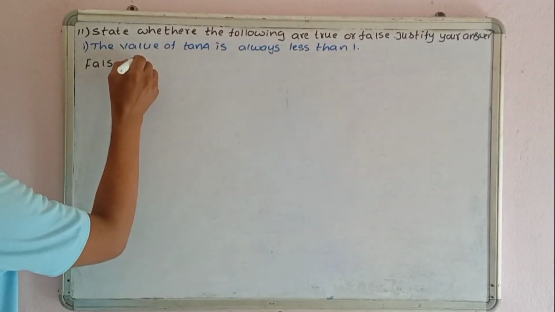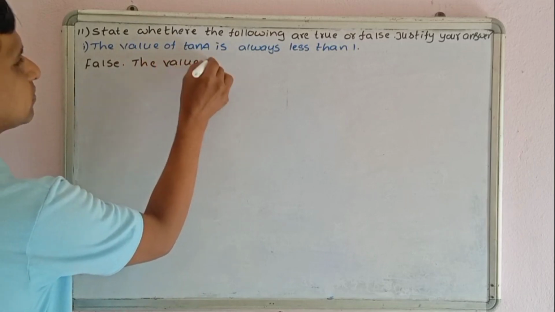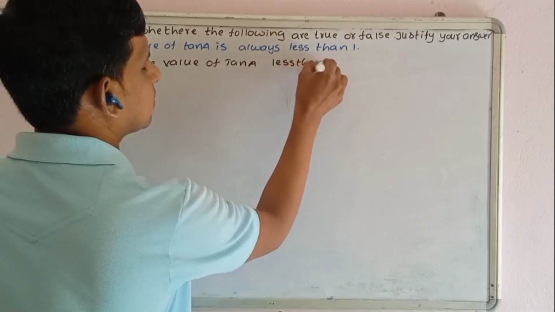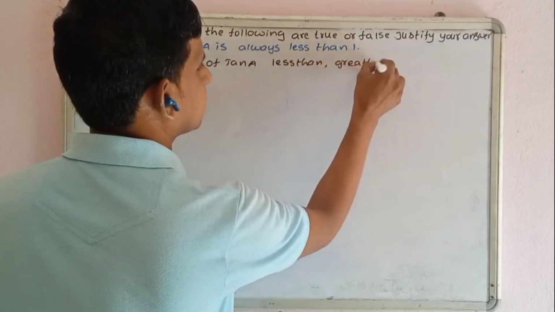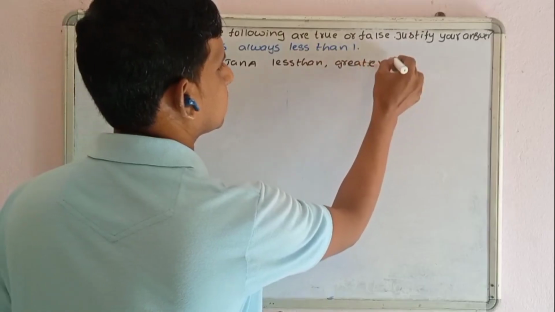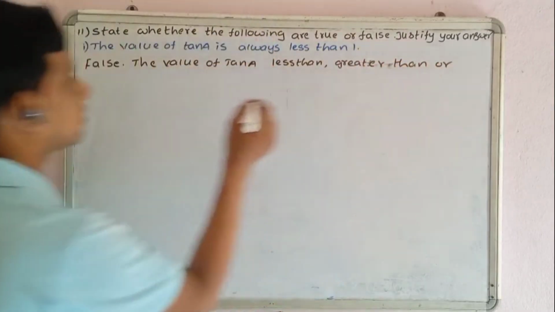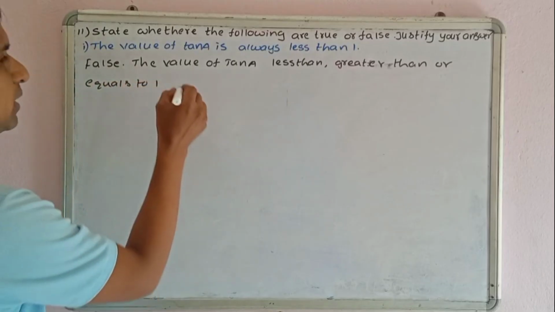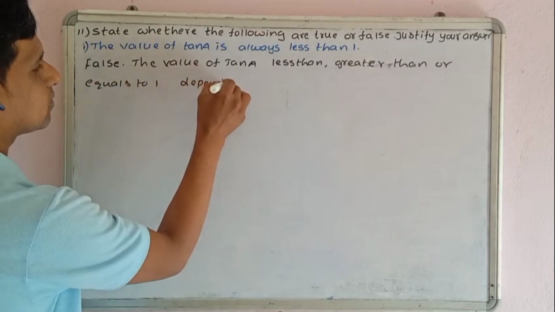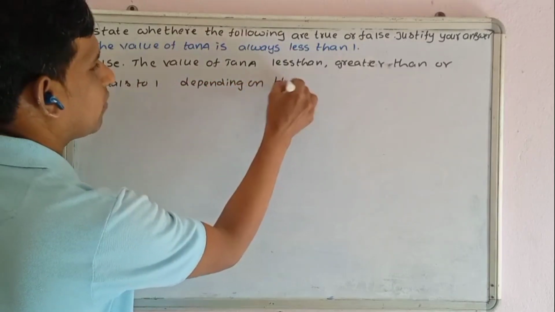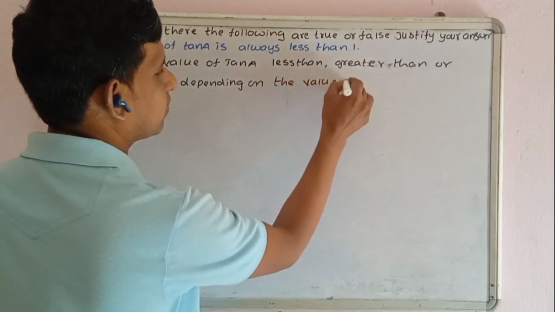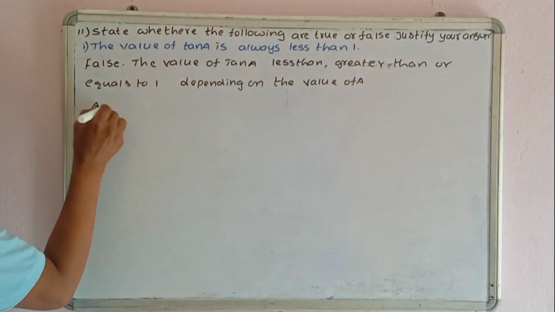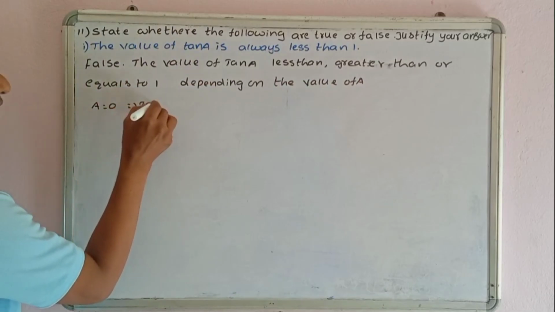The value of tan A may be less than, greater than, or equals to 1, depending on the value of A. For example, if A equals to 0, what is the value of tan A?